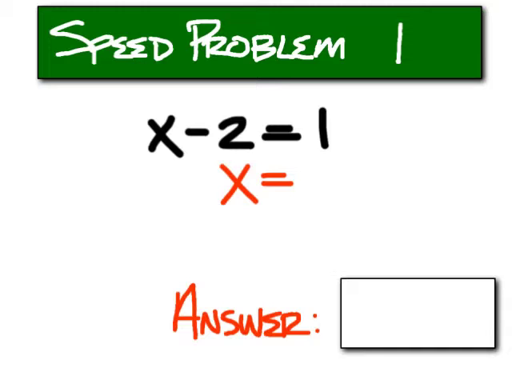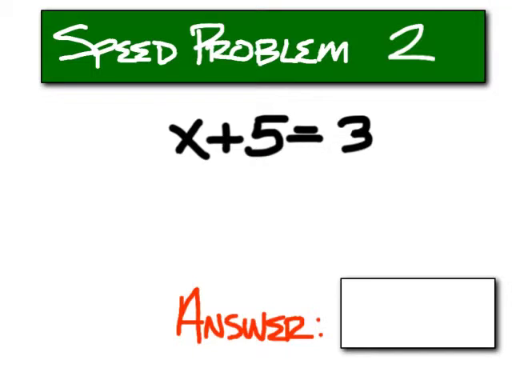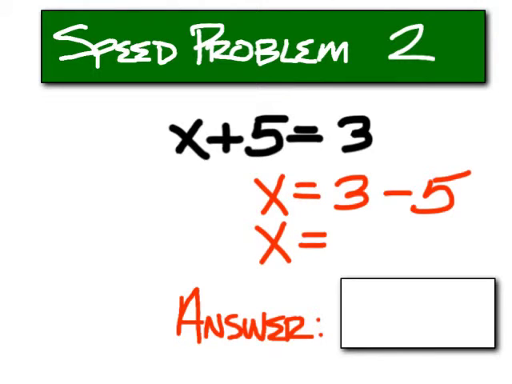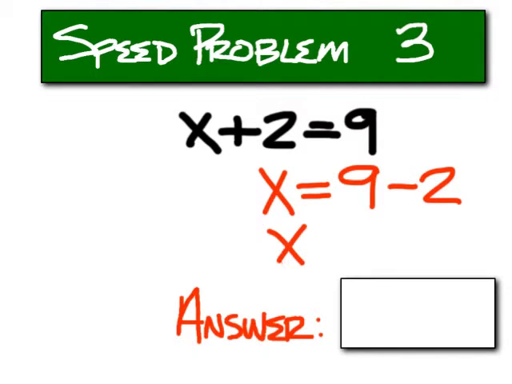The answer should be 3 because 1 plus 2 is 3. This should be 3 minus 5, which is a negative 2. The solution for this one should be 9 minus 2, which is 7.